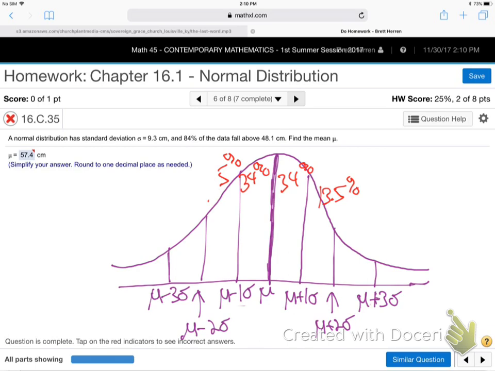And this will be the most important thing on your 3x5 card week after next at the final exam. 13.5, this one will be 2.35%, 2.35%, and the final area, 0.15%, 0.15%.